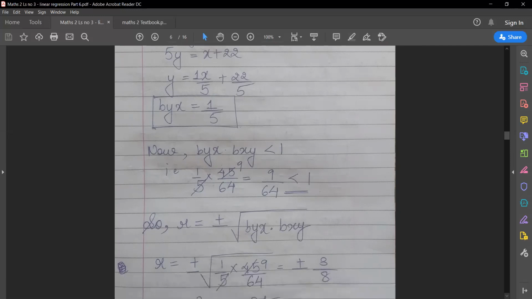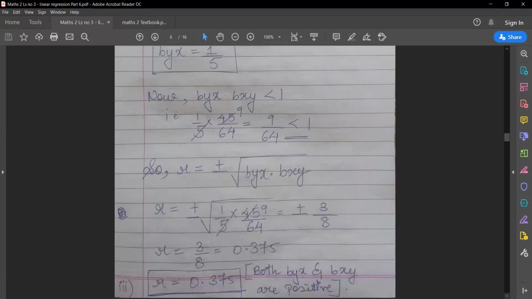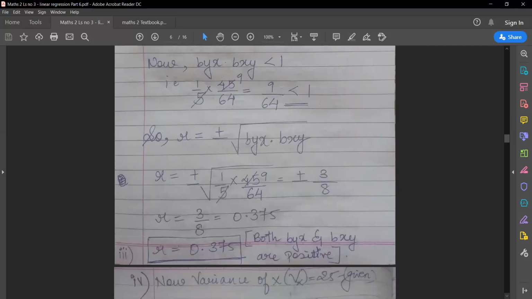So after you get both the regression coefficients, now you can find out the correlation coefficient. I'll put the formula: R is equal to plus minus square root of byx into bxy. So R is equal to plus minus square root of 1 upon 5 into 45 upon 64. Correct?